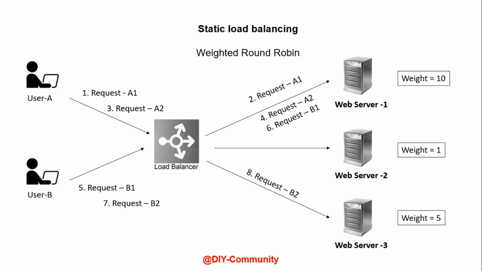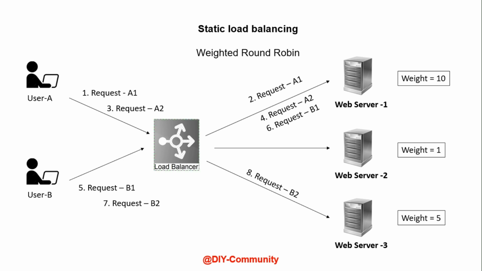Weighted round robin is another variation of round robin. In this case, the admin can specify a weight for each server. This weight can be determined based on various factors like the processing power of the server. In this particular example, web server 1 has the highest weightage and web server 2 has the lowest. So we are assuming that web server 1 has more processing power compared to web server 2 and web server 3.